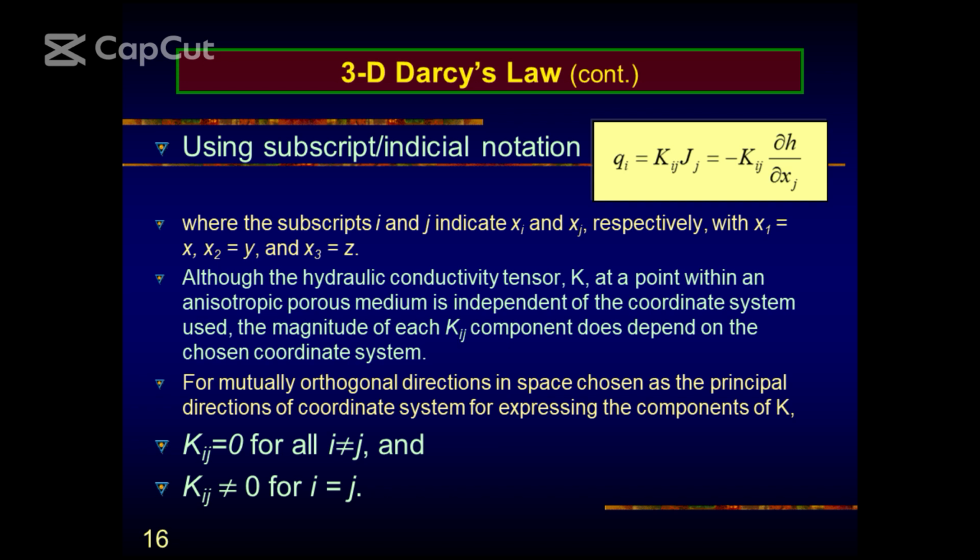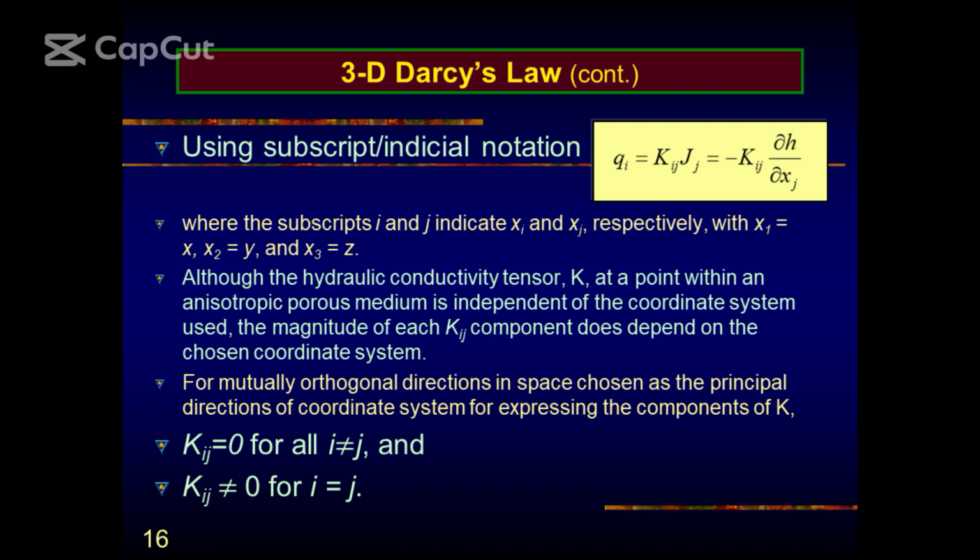Right. We are back from the short break. Now let's explain this subscript and indicial notation. This is Qi equals Kij, subscript small j, isn't it?